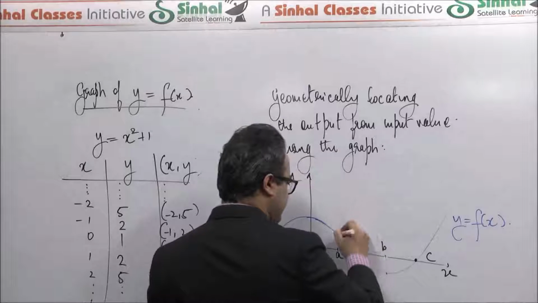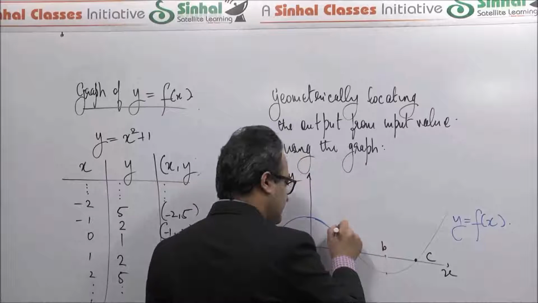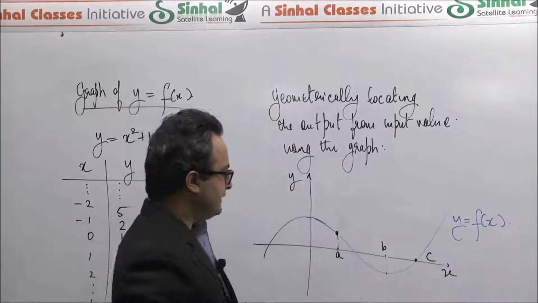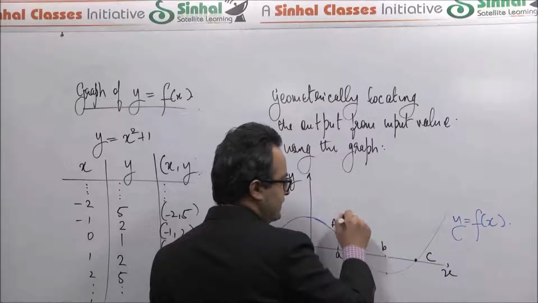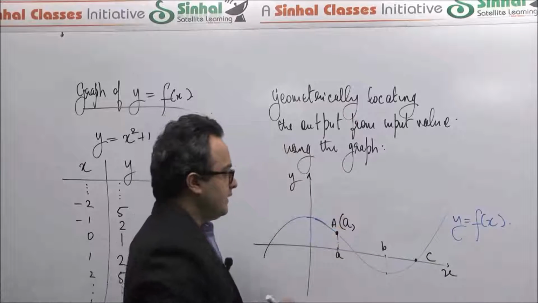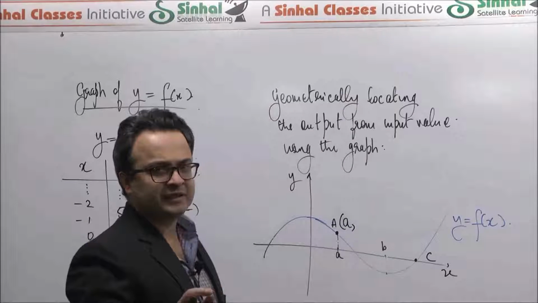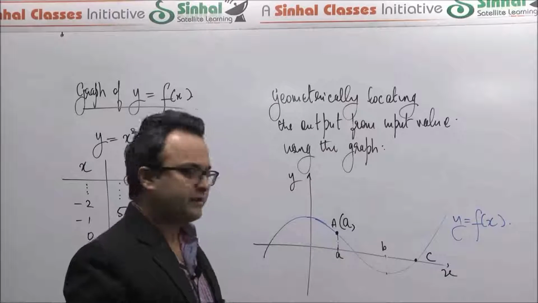So through a again, draw a line parallel to the y-axis. Now, this is a point. Let's denote that point as capital A, whose x coordinate happens to be small a. Right? But we've already seen that every point on the graph of the function is an ordered pair, which will satisfy the relation between x and y.